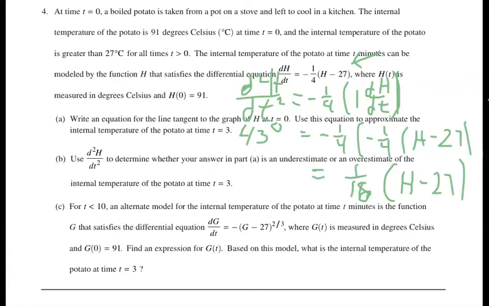Now, up here in the problem, I didn't talk about it, it says the internal temperature is greater than 27 for all times. So since h has to be greater than 27 for all times, that means the second derivative of h with respect to t is greater than 0.